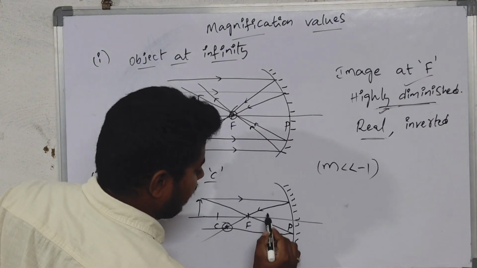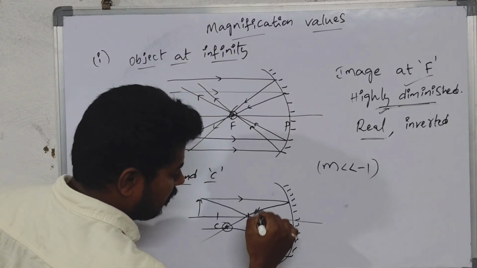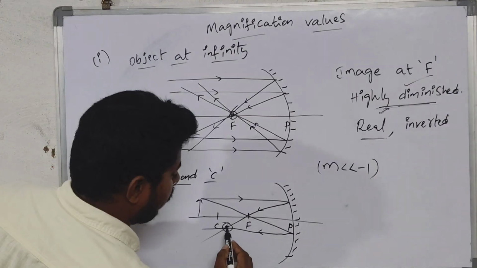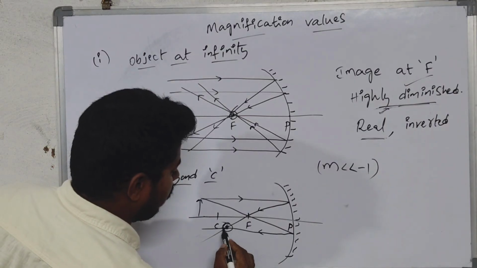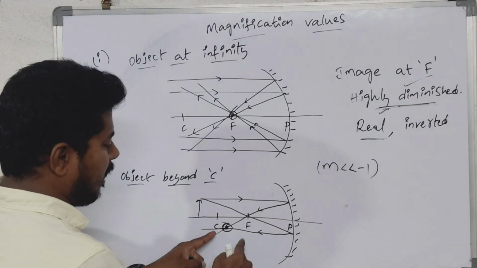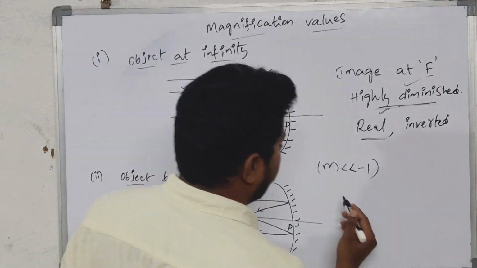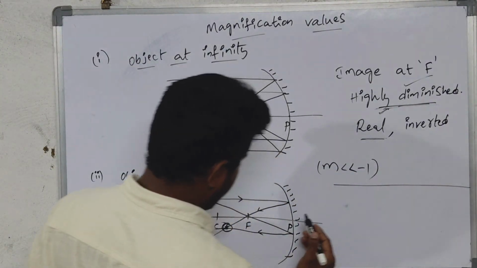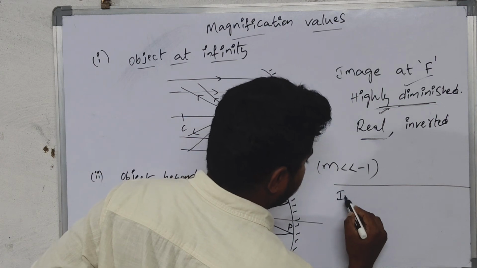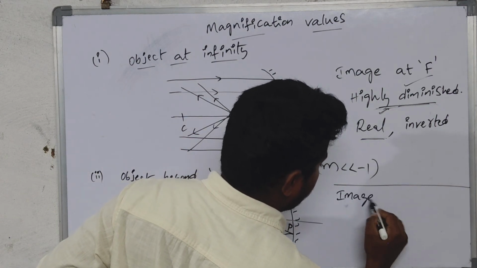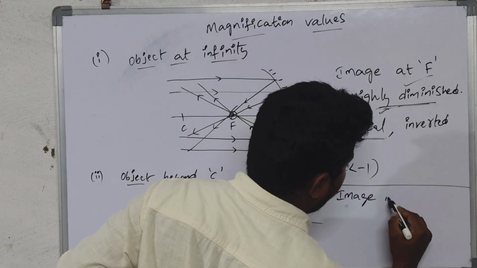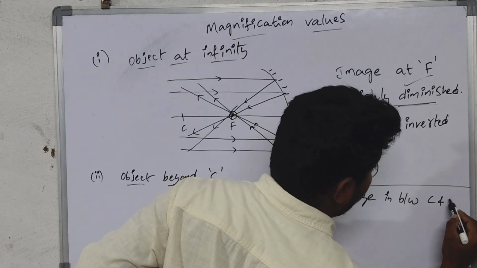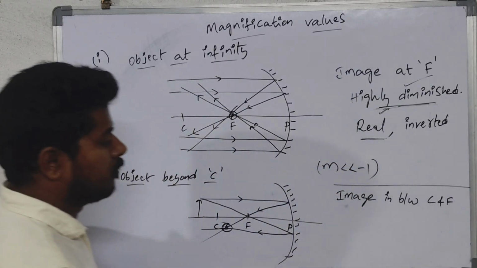These are reflected rays. So our image is formed in between C and F. Now we have to write the nature of the image. Image in between center of curvature and focus.